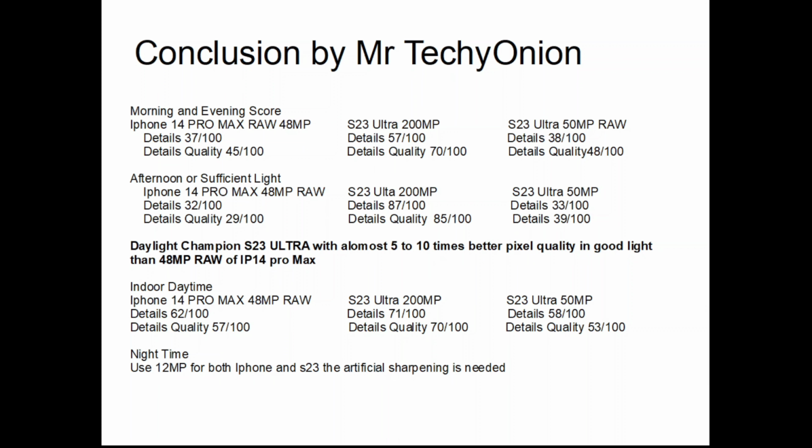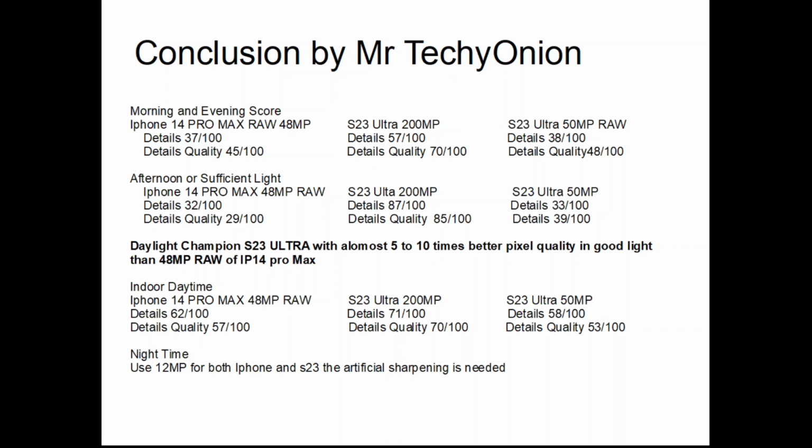But the details quality 39 out of 100, just because it doesn't do all that crazy over sharpening, but nothing compared to the 200 megapixel. Now, Daylight Champion S23 Ultra, with almost 5 to 10 times better pixel quality in good lighting conditions than the 48 megapixel RAW of the iPhone 14 Pro Max.